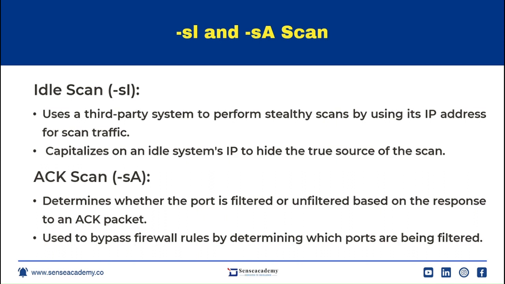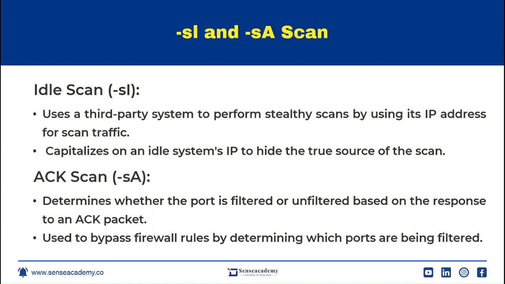So when there is a third party involved, and this third party gets recognized by the network and not the attacker, this scan is also known as the zombie scan. Because this zombie, the third party, is recognized by the network and not the attacker. So in the idle scan, it's not only a stealth scan but also hiding your true IP and providing a fake identity to the organization for checking the traffic status.